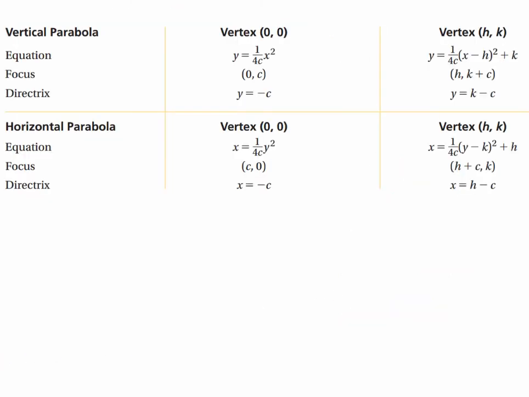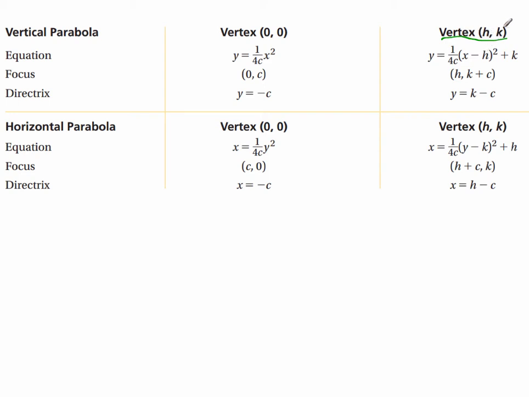Here's a summary chart. When you have a vertical parabola located at the origin, then y is 1 over 4c times x squared. The focus is at (0, c) and the directrix is at y equals negative c. What happens when we move the vertex? The same thing as when we did all the transformations before.